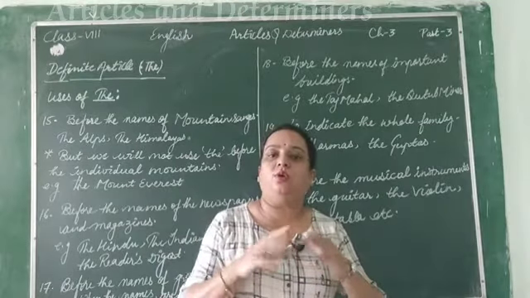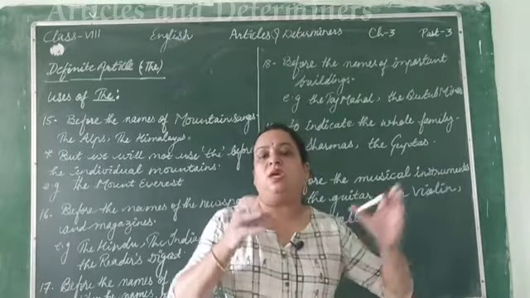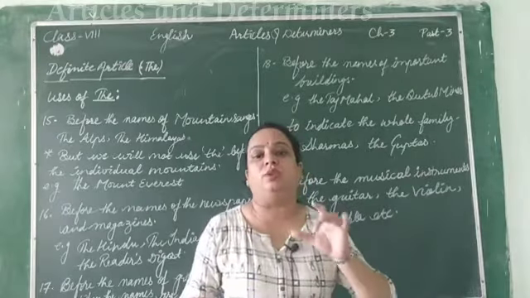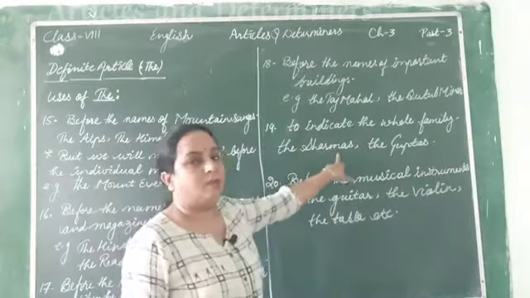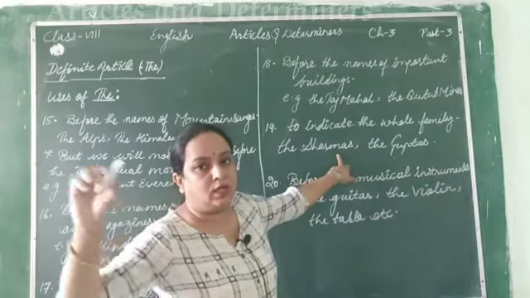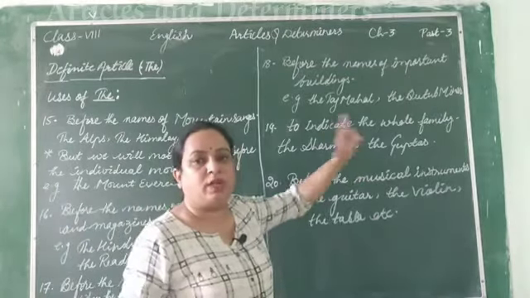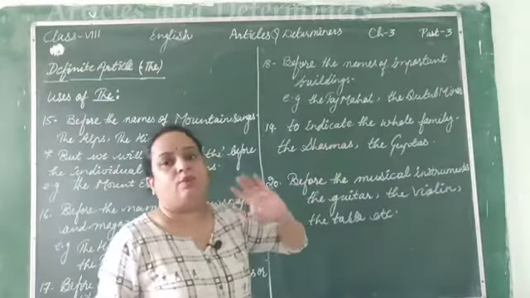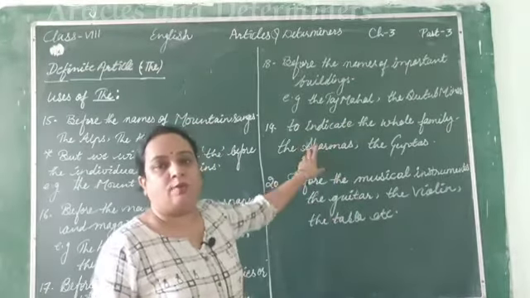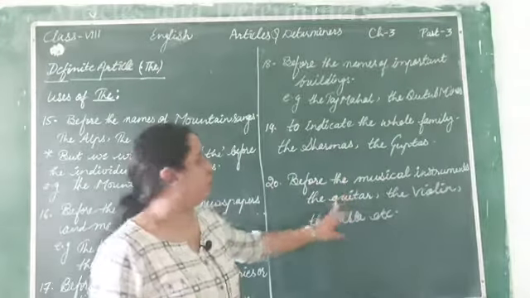Where I am talking about all the family members, we use the with that, the Sharmas. Otherwise I cannot say the Neha Sharma or the Sharma, because when I am talking about only one person we cannot use it, but when we are talking about the whole family, we have to use the.